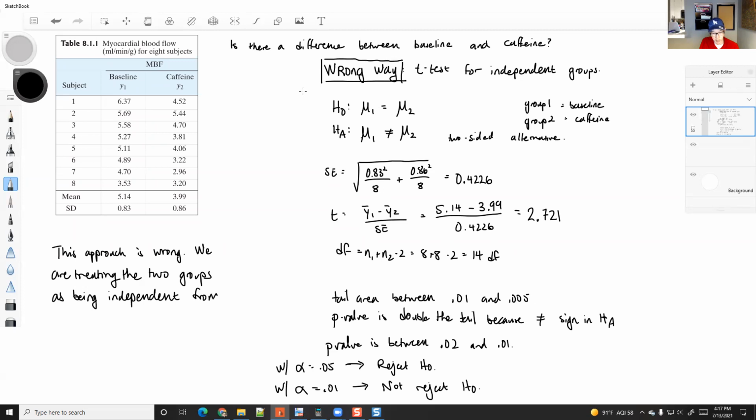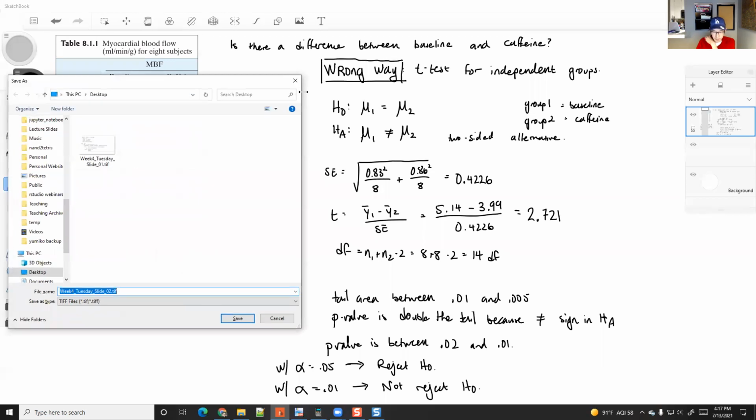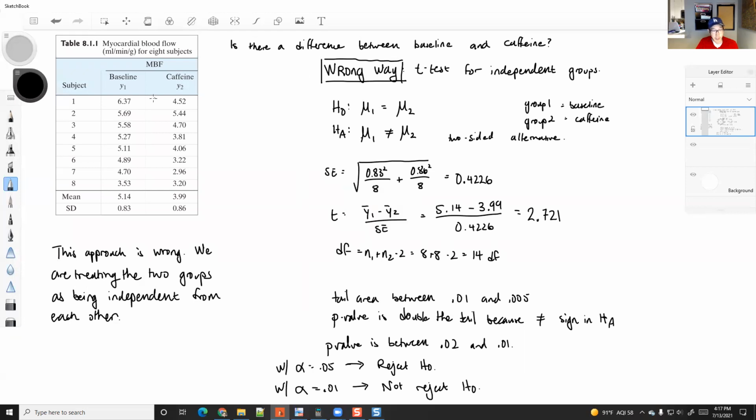And the truth is that if subject 1 had a high value at baseline, they're more likely to have a high value after they took the drugs. And if another subject had a very low value at baseline, they're more likely to have a lower value after the fact.